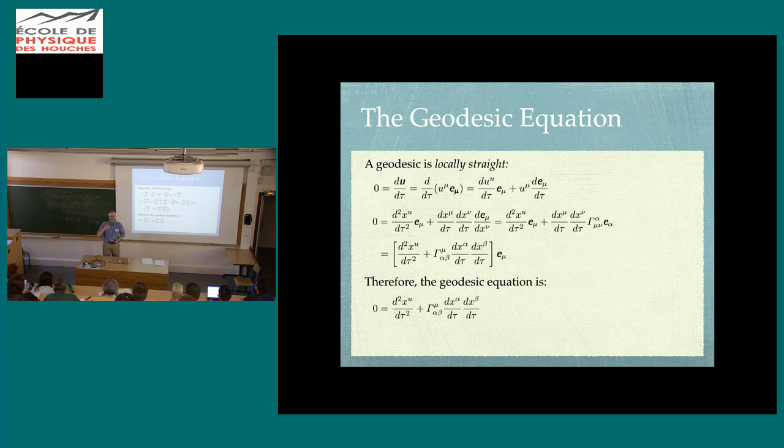But the idea is that at each local step along the way, it is a straight line, and so you're assured it's the straightest possible line that you can draw. So let's imagine doing that.